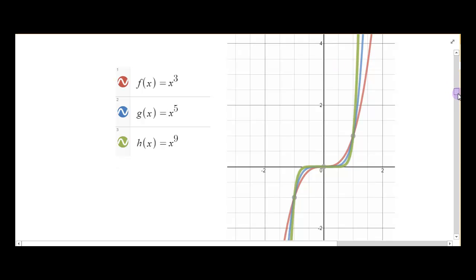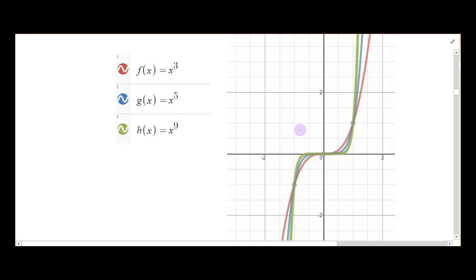Notice, however, that for this function, the end behaviors are going in opposite directions. Okay, so we have one direction going to positive infinity, one going to negative infinity. And so for an odd powered function, the end behaviors tend to go off in opposite directions.